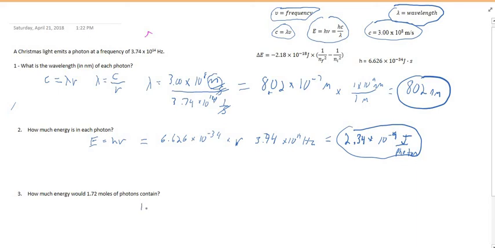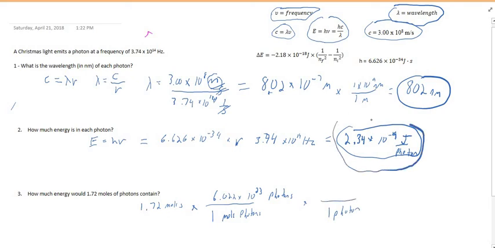I know that I start off with 1.72 moles of photons, and I know that in every mole of photons there are 6.022 times 10 to the 23rd photons, and I know that for every one photon there are, right here, 2.34 times 10 to the minus 19th joules.